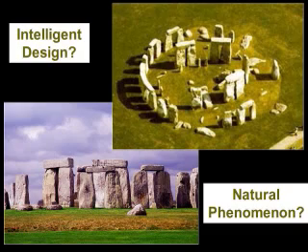I will tell you what everybody has concluded about Stonehenge. That was an intelligently designed phenomenon. Nobody believes nature did that by itself. Why? Because of the characteristics. It has the characteristics of design.